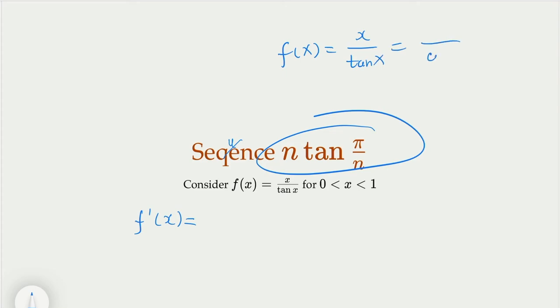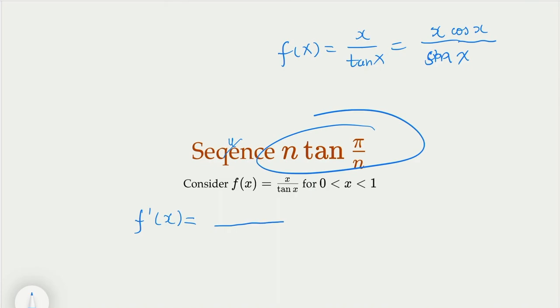Tangent is actually sine over cosine, right? So it's going to be x times cosine x over sine x. If you take the derivative, that would be over sine squared x. Remember, we have this rule for the derivative of u over v: v squared in the denominator, and u prime v minus u v prime.